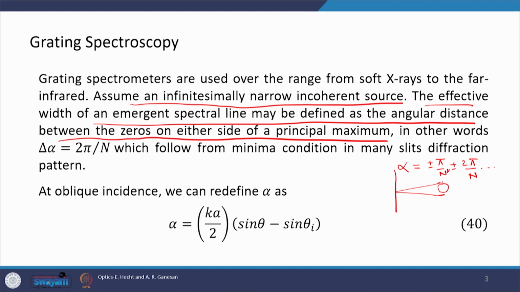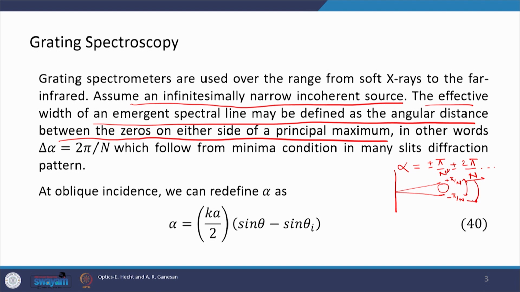How can it be calculated? The first minima are located at position plus pi by N here and minus pi by N here. Now, if you want to calculate its angular width, just subtract these two angles. One angle is given in this direction, the other angle is given in this direction.